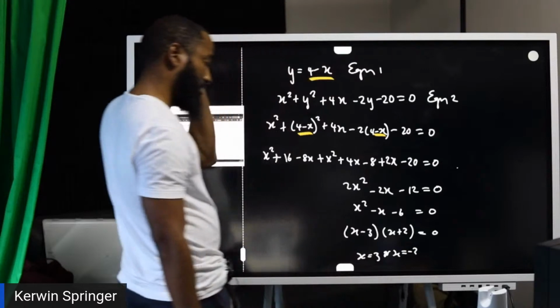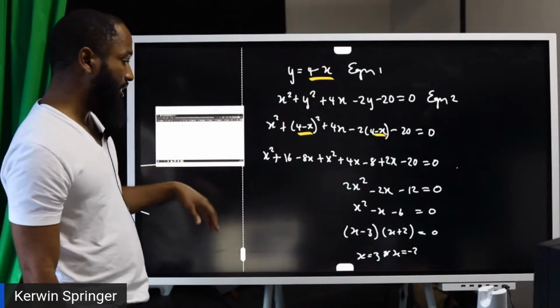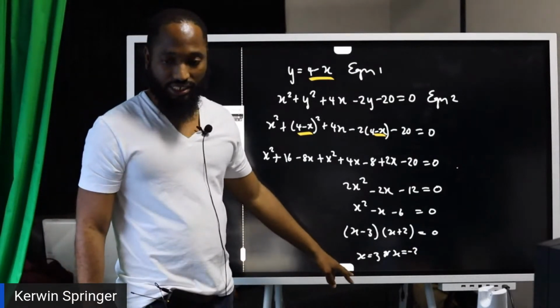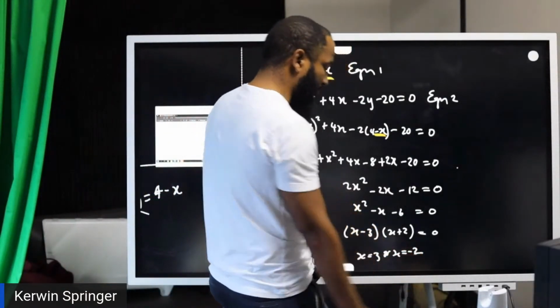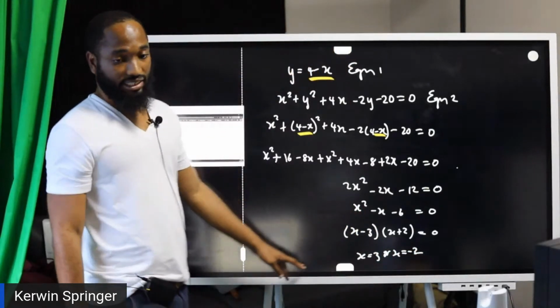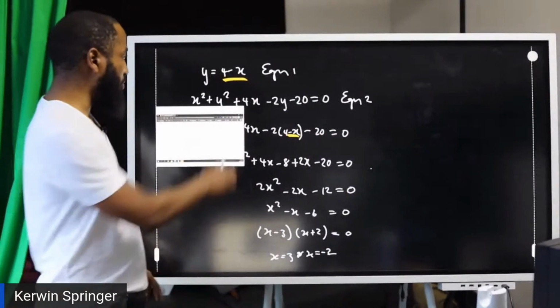We're not done yet, because what the question is asking for is to find the coordinates of the intersection. This is just telling you it's intersecting, so be careful with that word, as a math teacher. It's intersecting when x is 3 and when x is negative 2. To find the coordinates, we'll substitute.